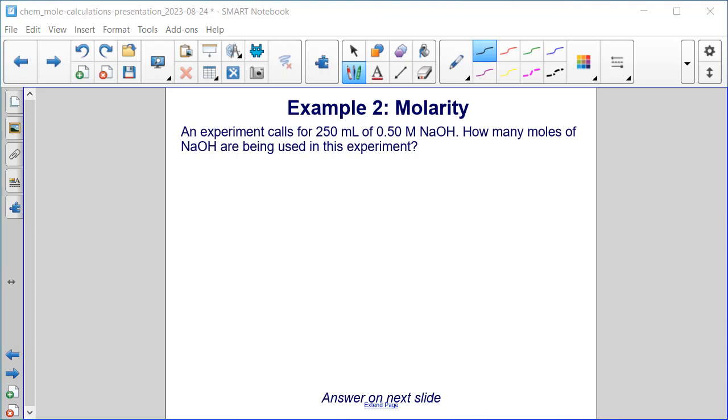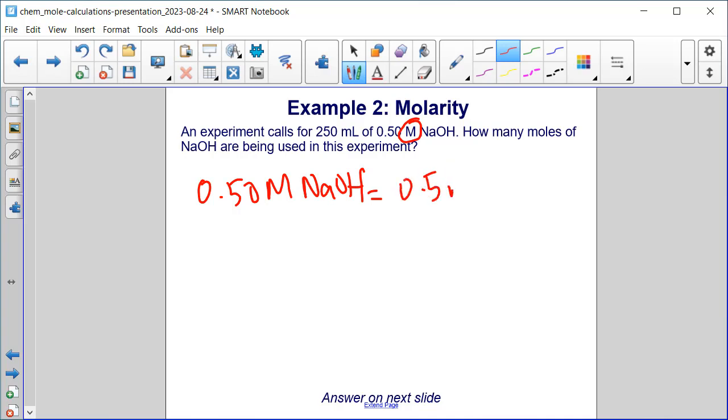An experiment calls for 250 milliliters of 0.5 molar NaOH. How many moles of NaOH are being used in this experiment? The first thing we have to remember is, what does this 0.5 molar NaOH mean? It means we have 0.5 moles of NaOH per liter of the solution. So in 1 liter of the solution, we would have 0.5 moles of NaOH.